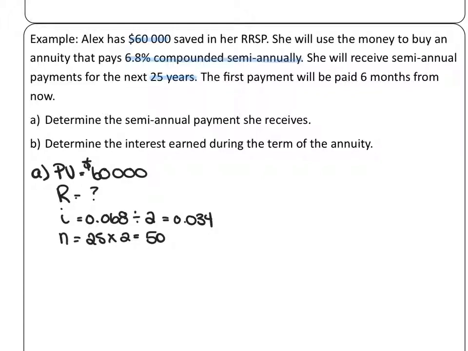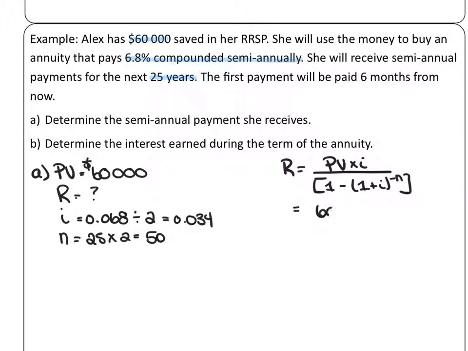And so we'll substitute those values into our formula, which is R equals PV times I divided by 1 minus (1 plus I) to the negative n.